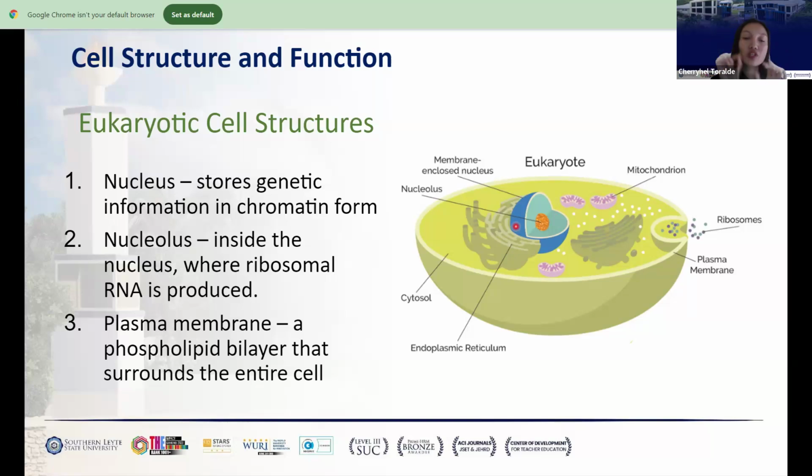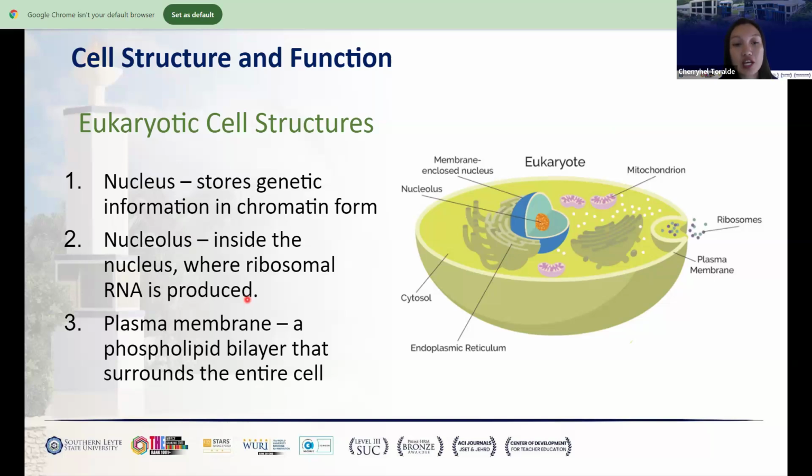And then at the centermost part of the nucleus, this orange one, is the nucleolus, which is responsible for the production of your ribosomal RNA. To make ribosomes, there are 2 RNAs needed, the small and the big. So that is the use of the nucleolus.